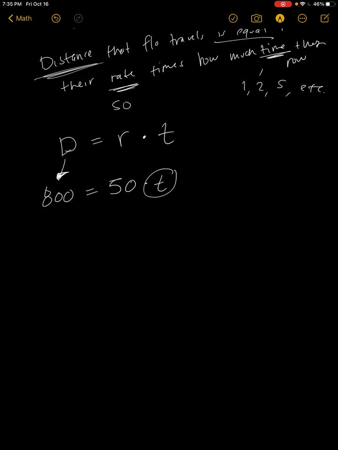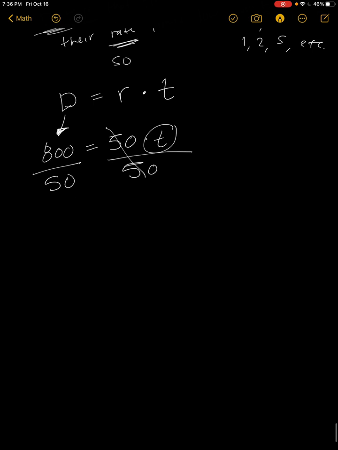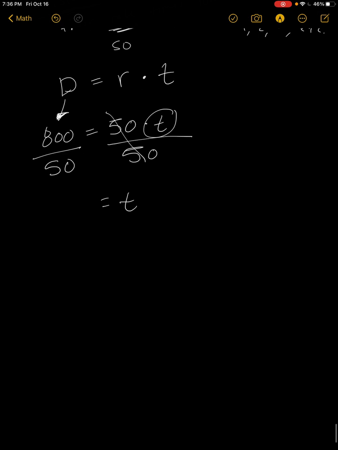How long is it taking them to get to the dock from the starting point? So we have a simple equation: 800 equals 50 times t. And it's actually really simple. We know how to solve this. 50 divided by 50 is 1, we're left with t. 800 divided by 50 is 4.